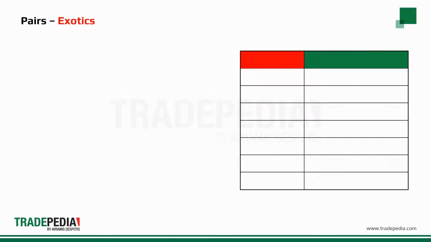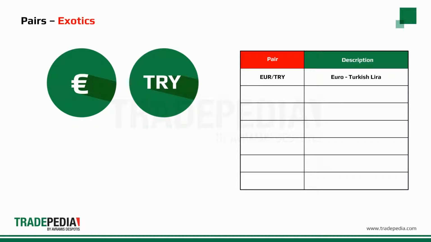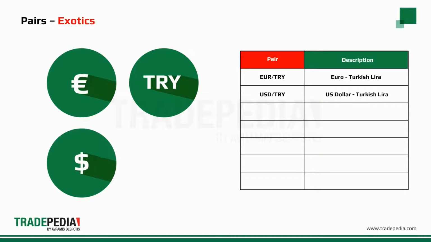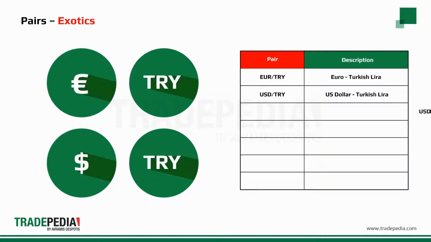Currency pairs with at least one currency being the currency of an emerging economy are called exotics. Some of them are Euro-TRY, Euro against the Turkish lira. USD-TRY, US dollar against the Turkish lira. USD-MXN. US dollar against the Mexican peso.